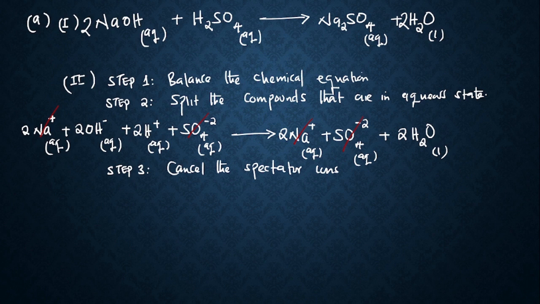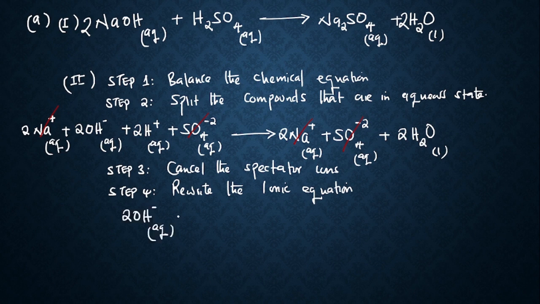Step number 4: rewrite the ionic equation. That one is going to be 2OH⁻ plus 2H⁺ equals 2H₂O. As you can see, the hydroxide ion has a 2, the hydrogen ion has a 2, and the water has a 2.